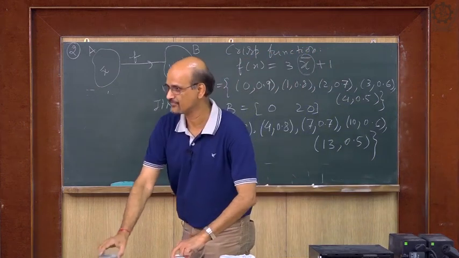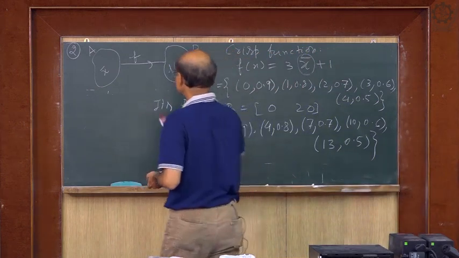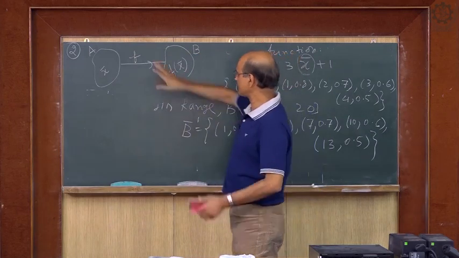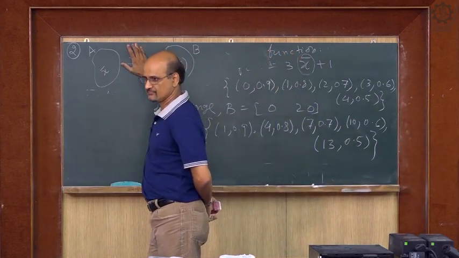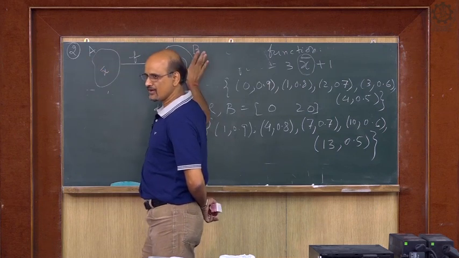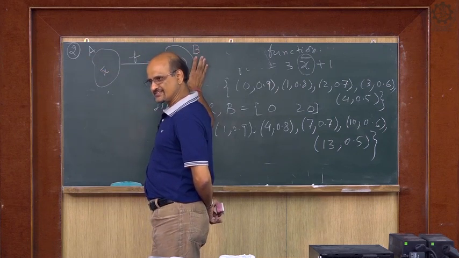Now, the third type is important. In the other two types, f is crisp. In the first type, A and B were fuzzy sets.